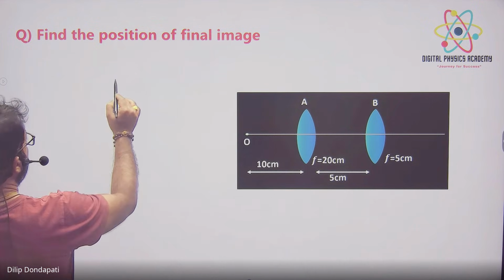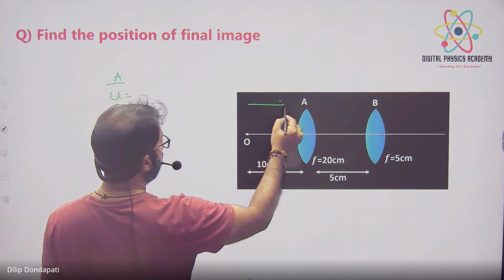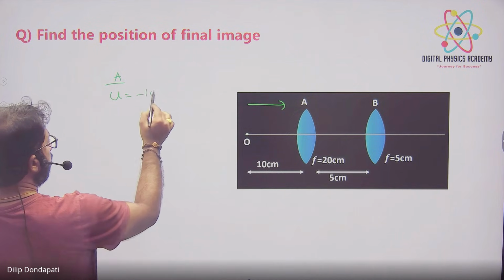So for lens A, what is U? The object is here, it is opposite, right? We are taking -10.